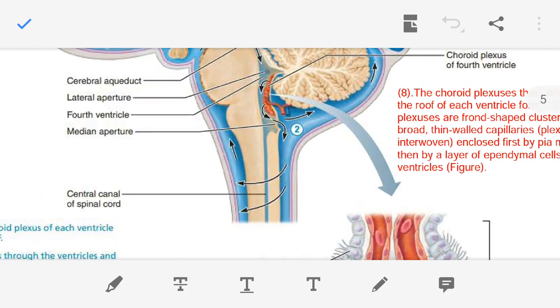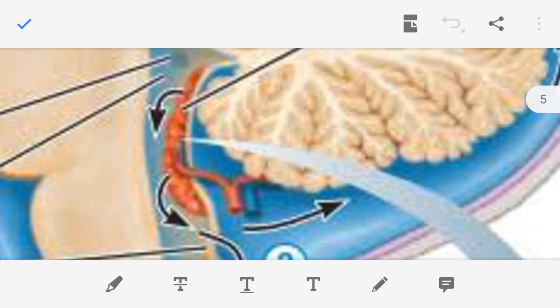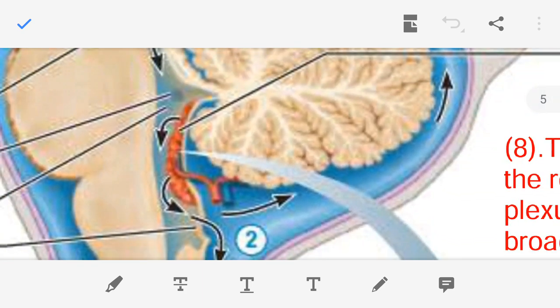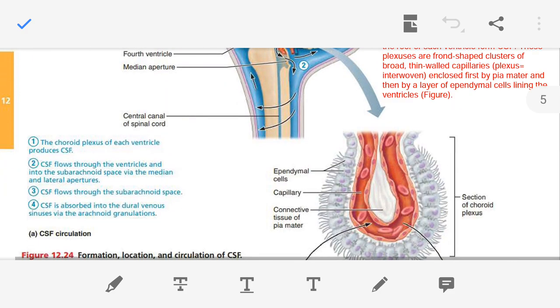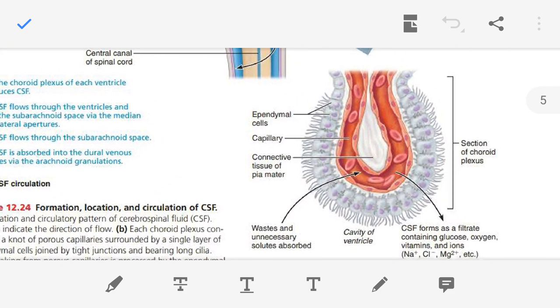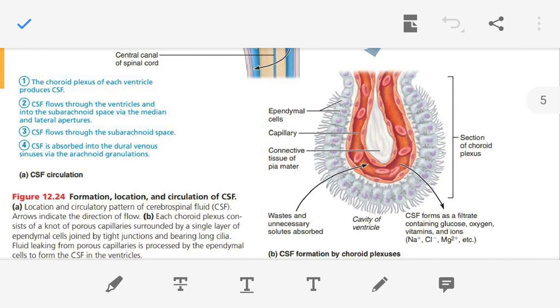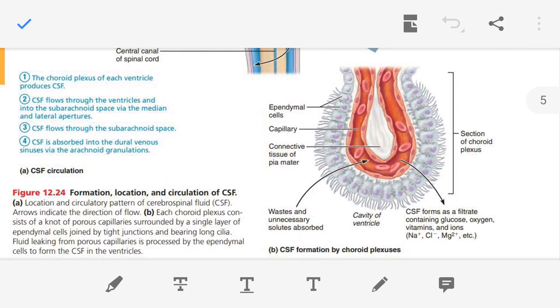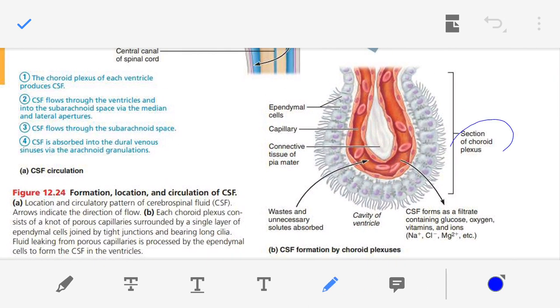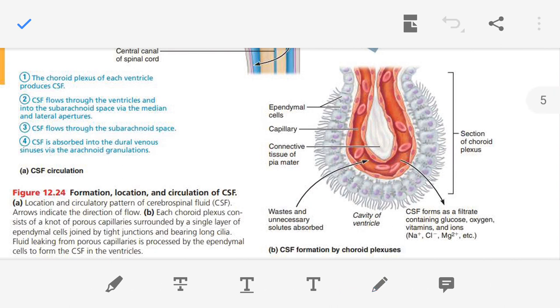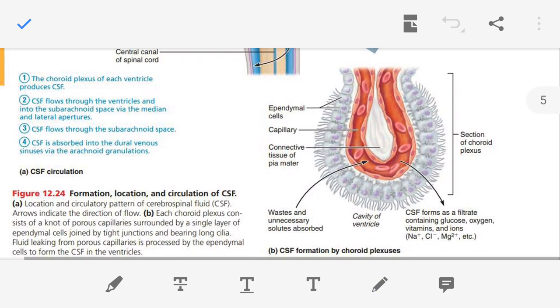Here this red in color is the choroid plexus, and we are now zooming in on one section. Here in this figure they have shown one section. See over here it is written section of; this is not the entire choroid plexus but a part of a choroid plexus.